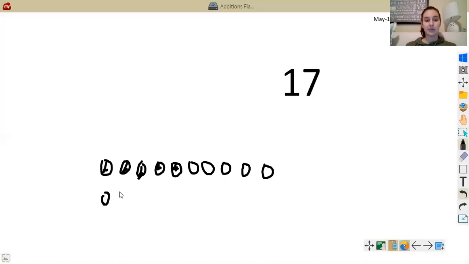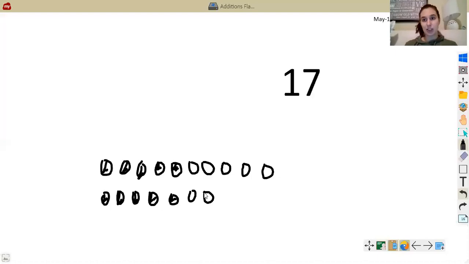I'm going to continue 11, 12, 13, 14, 15, and I'm going to shade those just so I can show you guys. We can quickly count. So I have 5, 10, 15, 16, 17.